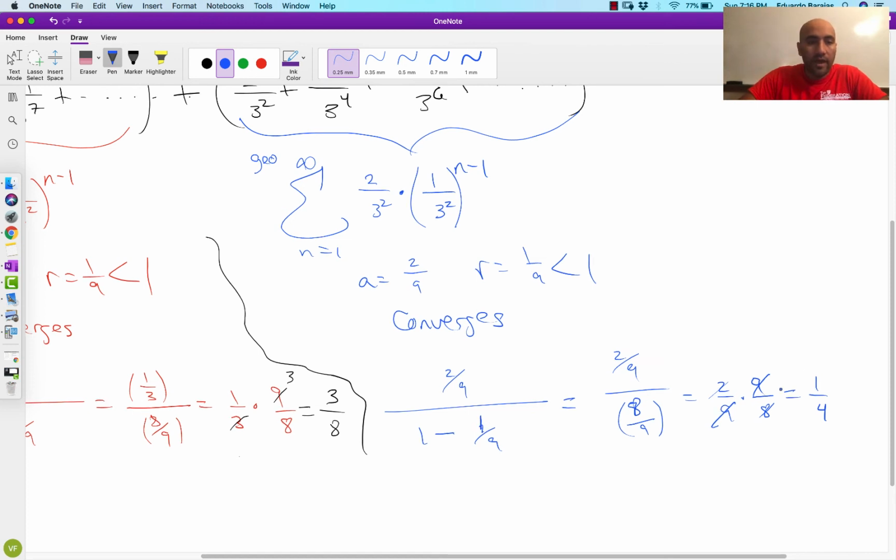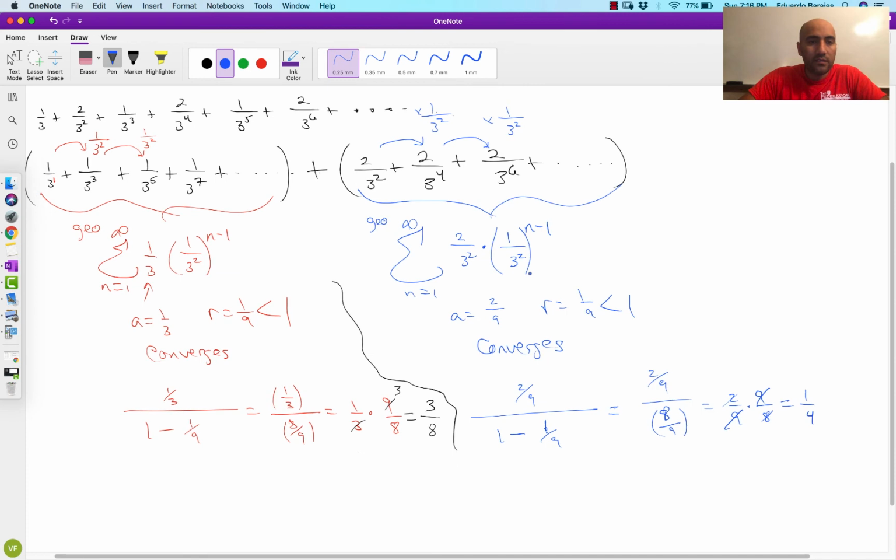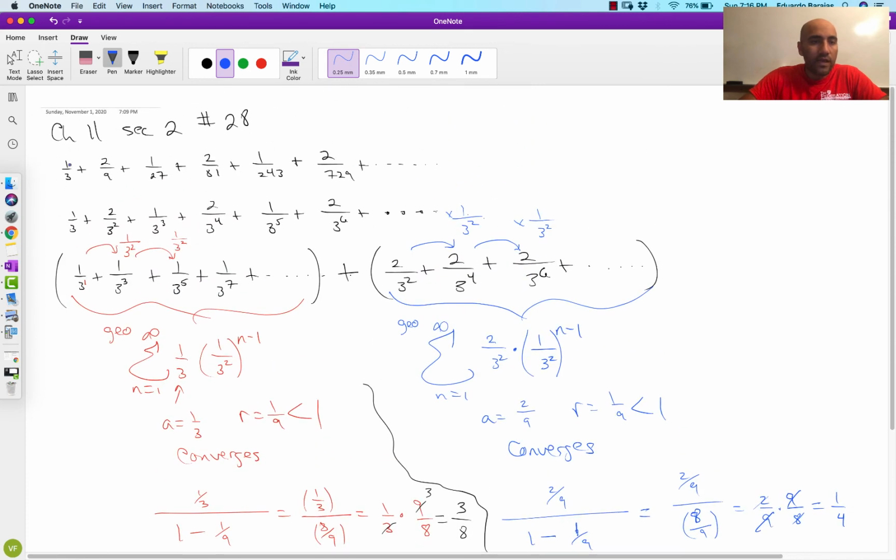Okay, so going back to the original list, here's that original list, and then we just manipulated it a little bit to simplify it. Then we separated it into two separate ones, and they were both going out to infinity, right? So it's this one of all the odd ones going out to infinity, plus this one of all the even ones going out to infinity. We just figured out that this whole thing is geometric and it converges to 1/4.